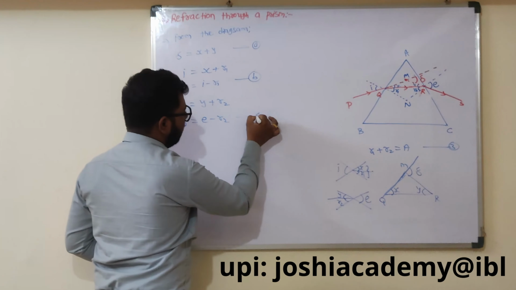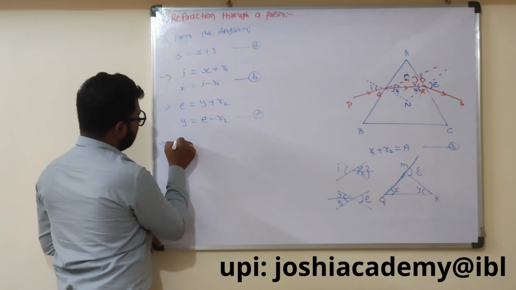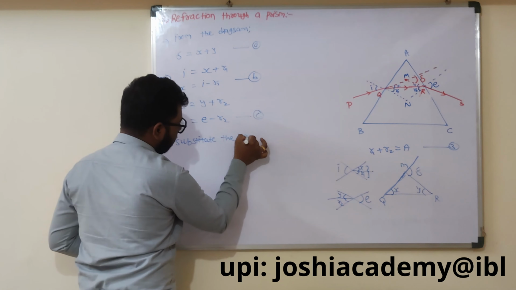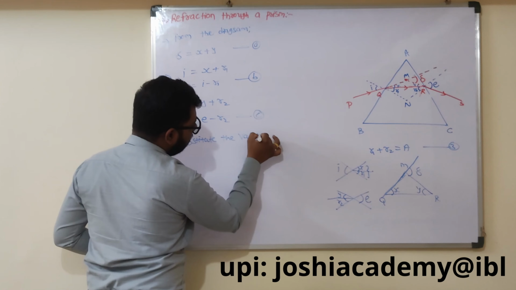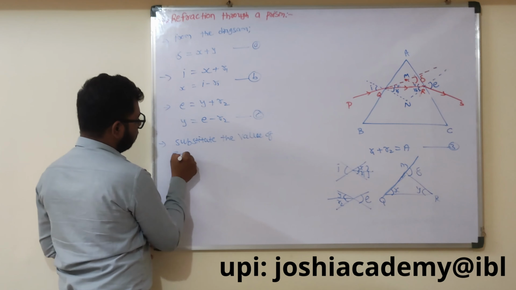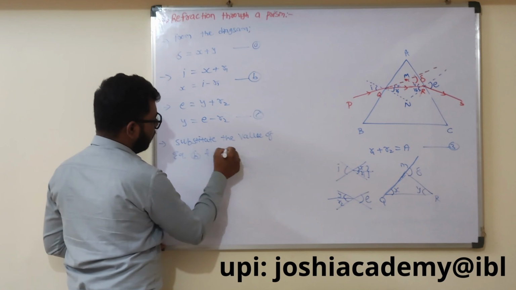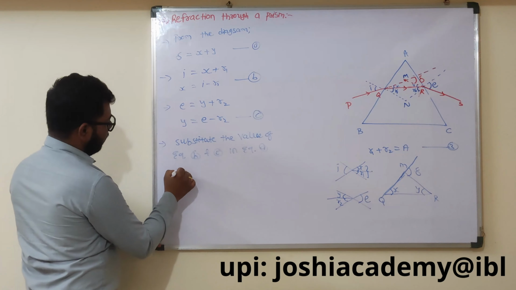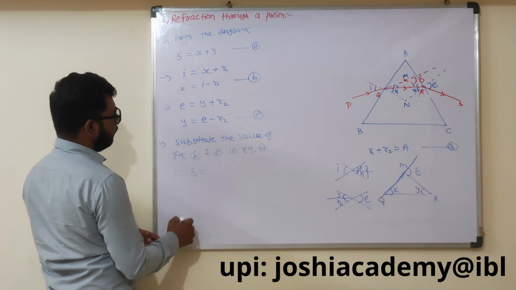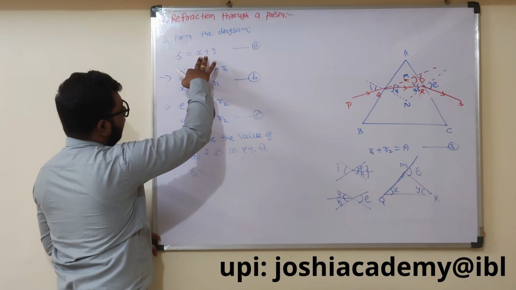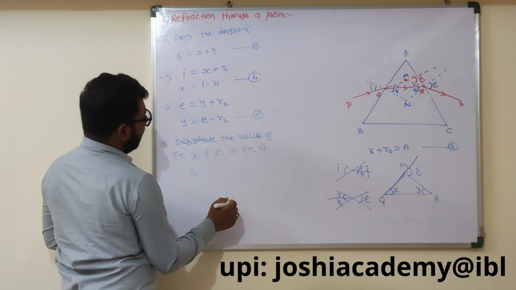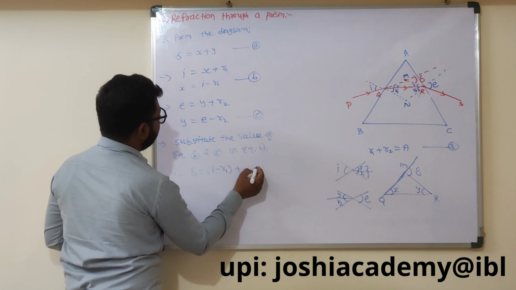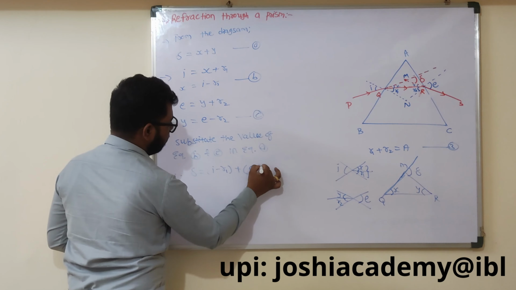Let it be the equation number C. Now substitute the value of equation B and C in equation A. We will get delta is equal to the value of x from equation B and value of y from equation C, I minus r1 plus E minus r2.